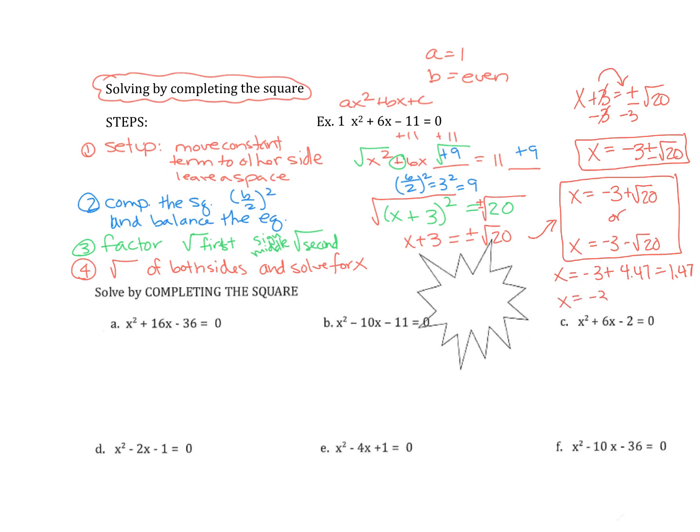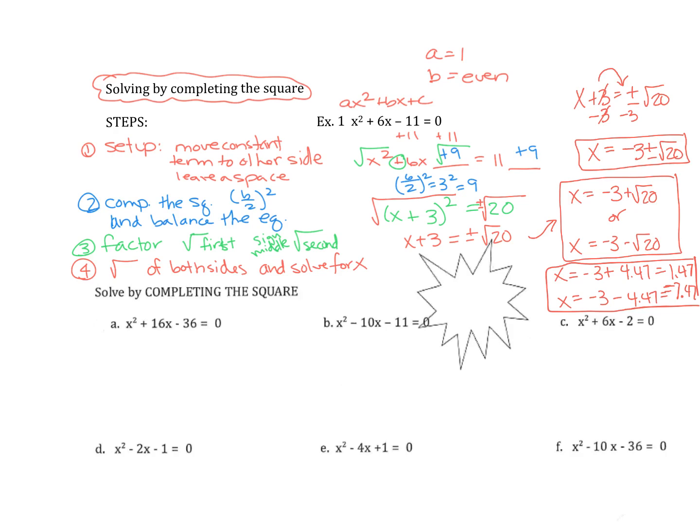And my negative 3 minus the square root of 20, so minus 4.47, will give me a negative 7.47. Make sure you see that negative 7, that's written kind of messy. Let me back up a little bit. Negative 7.47. So these are those two answers.